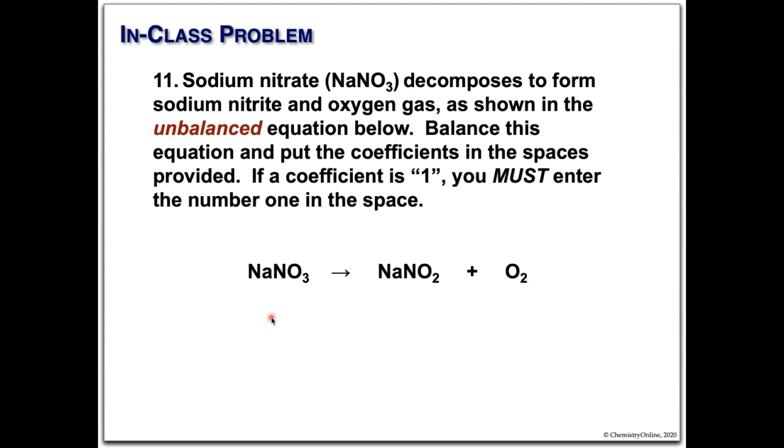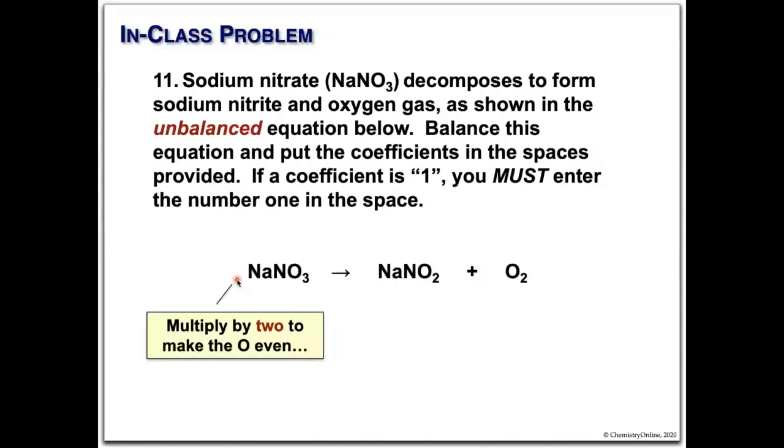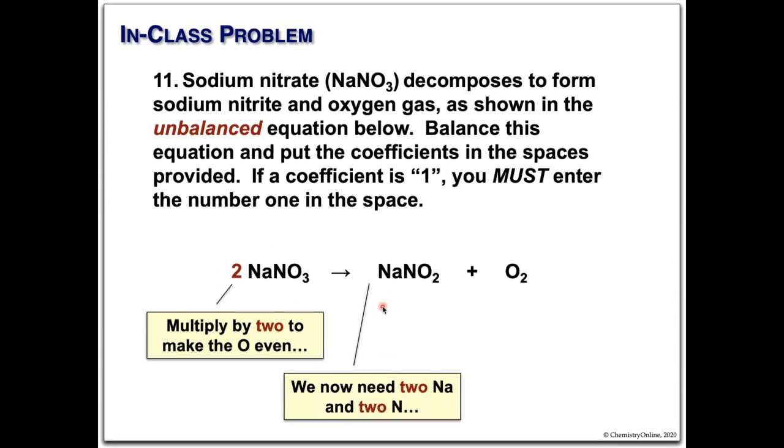Let's fix the even-odd first, and we can do that by putting a 2 in front of the sodium nitrate. That will give us 6 for our oxygens. Now, by doing that, we've added 2 sodiums and 2 nitrogens. On this side, we only have 1, so let's double this as well.